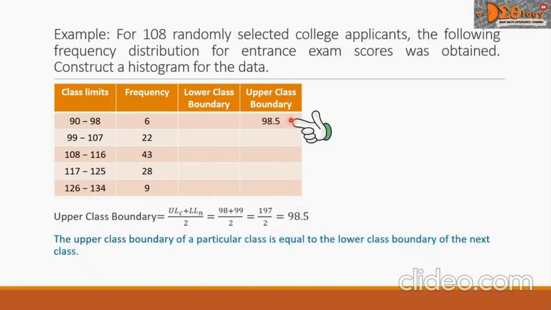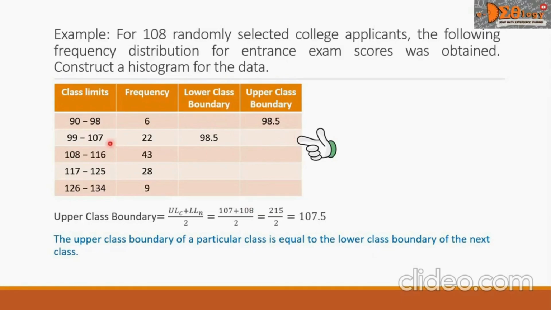Next, it was stated that the upper class boundary of a particular class is equal to the lower class boundary of the next class. So we have 98.5 for this blank, which is the lower class boundary of the next class. Going to our upper class boundary of the second class interval, we will use the same formula.